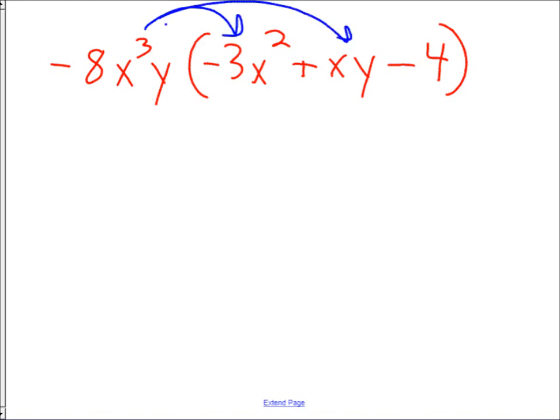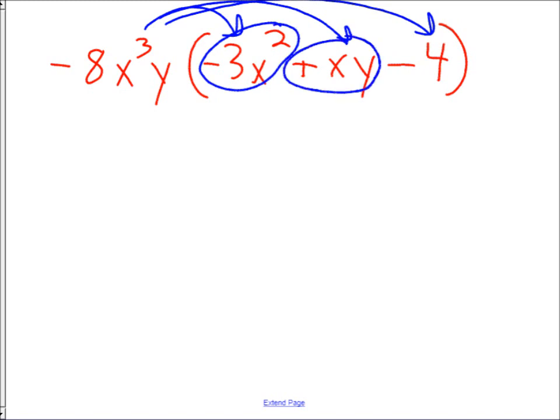What I like to do for larger problems is circle each term. That might seem like a silly step for some of you, but it really helps you mentally get the signs right. I'm really associating the negative with 3x squared. I'm really associating the xy as being positive. I'll write a 1 here, just so I know that's the coefficient.